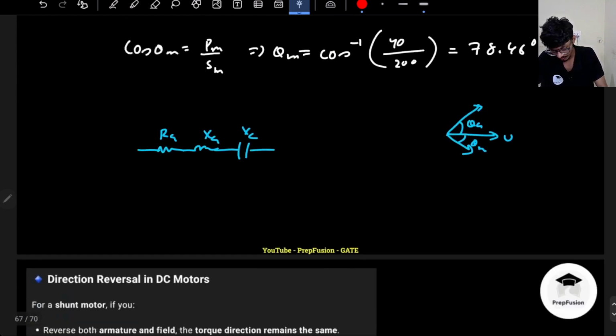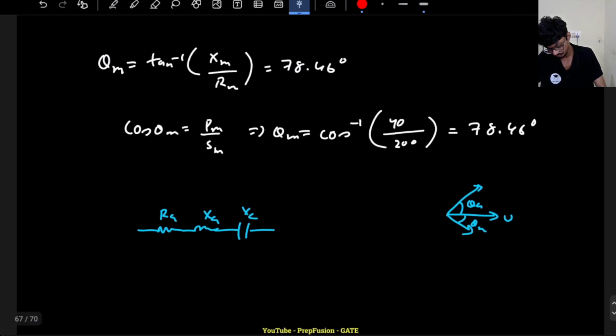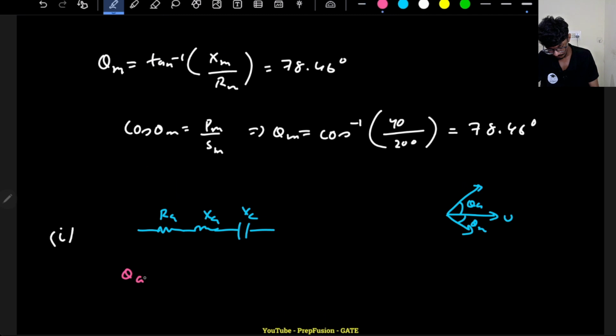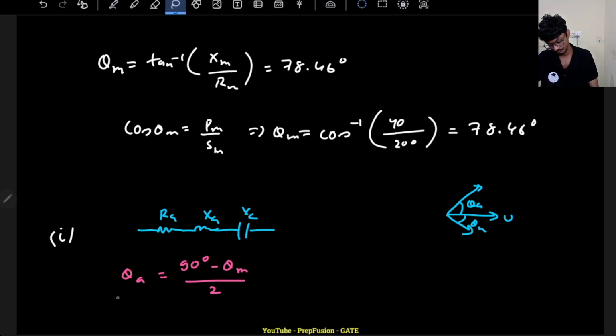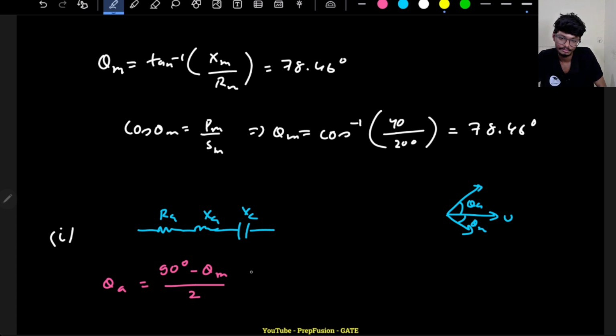So the condition for maximum torque, for the first part, will be theta a equals (90 minus theta m) divided by 2.